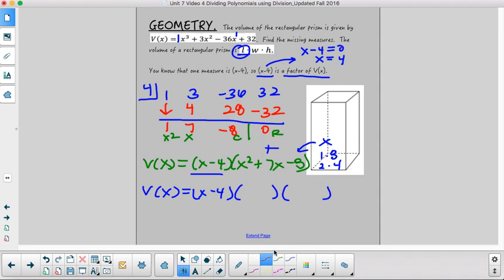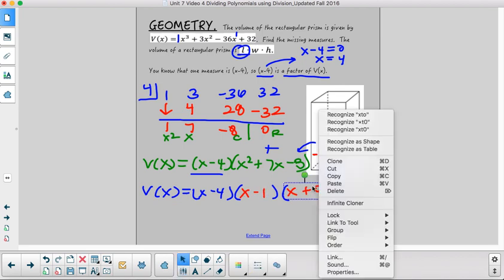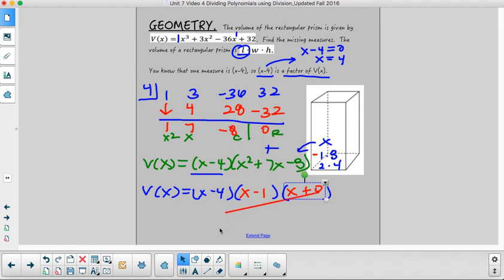Well, if I had minus 1 plus 8 gives me that. And is negative 1 times 8 negative 8? Yes, it is. So I would have x minus 1 and x plus 8. So right here, this is my factored form. This represents my length, my width, and my height.